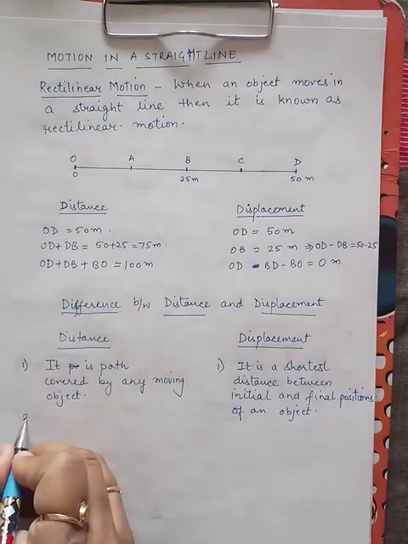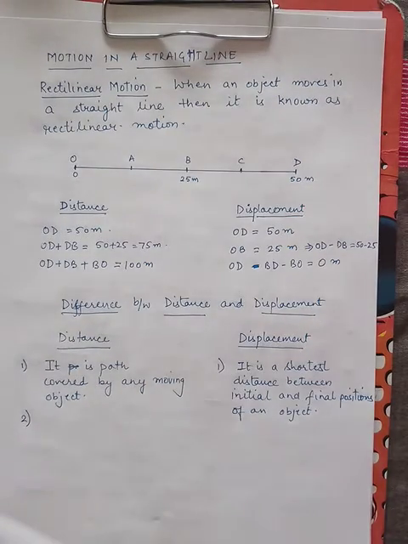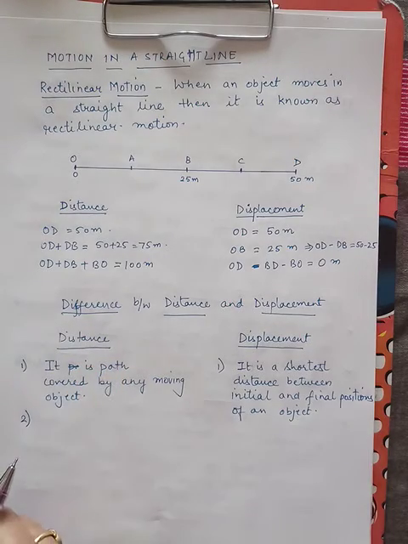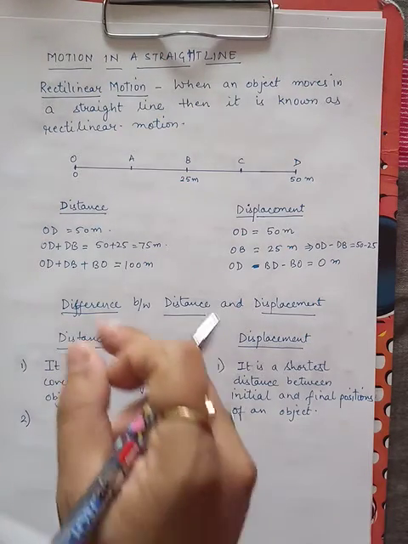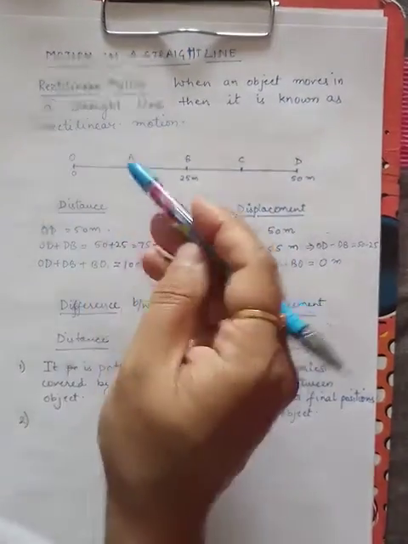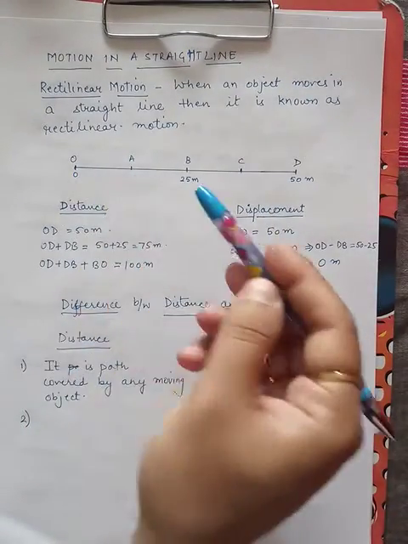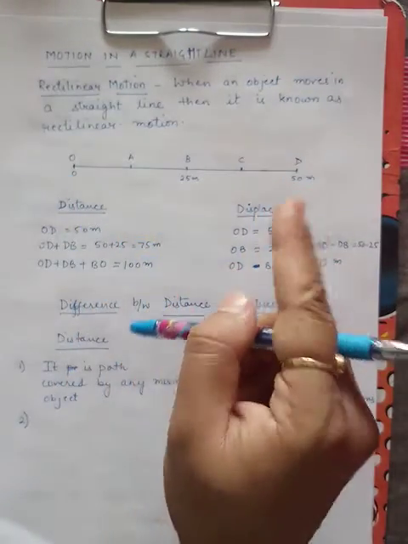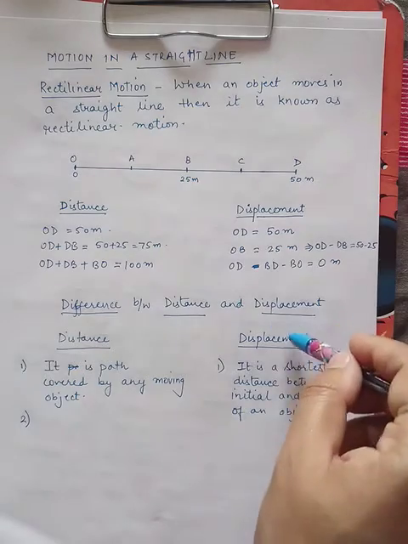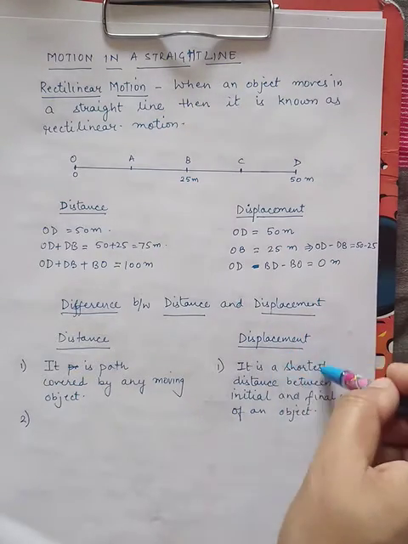Secondly, the second difference: distance does not have any unique value. What is a unique value? Only one value. So for a particular case it does not have a unique value, but displacement has a unique value because it is the shortest distance.